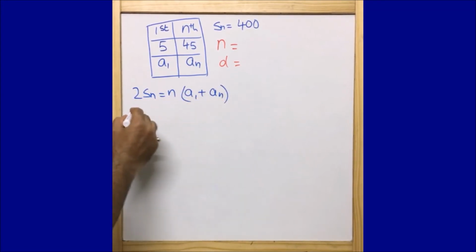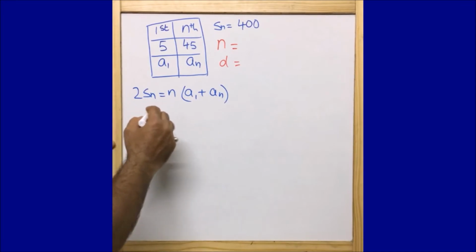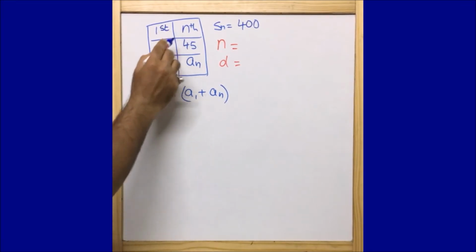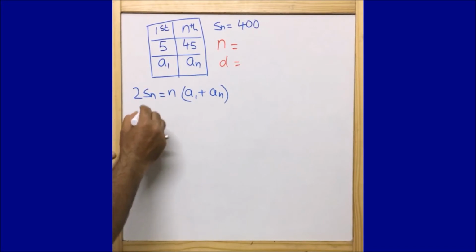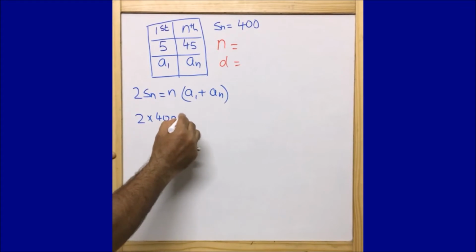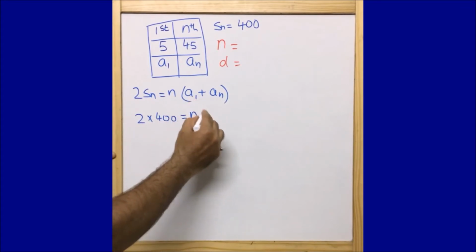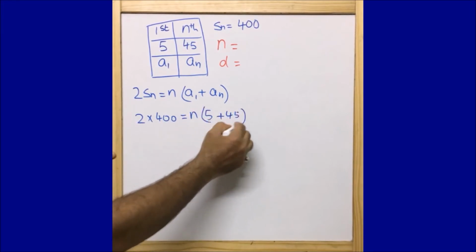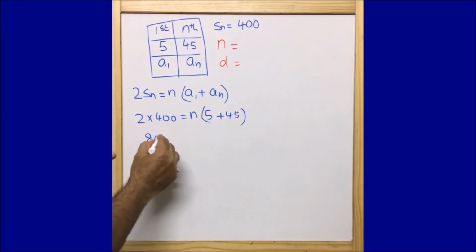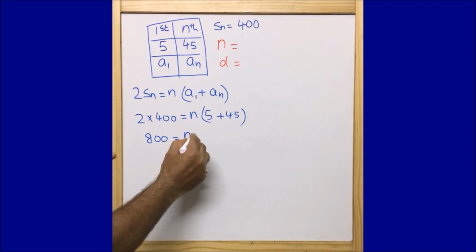Because we don't know the value of n, I can write 2 into 400, because Sn is 400, is equal to n into A1, which is 5, plus An, which is 45. Or I can write 800 is equal to n into 50.